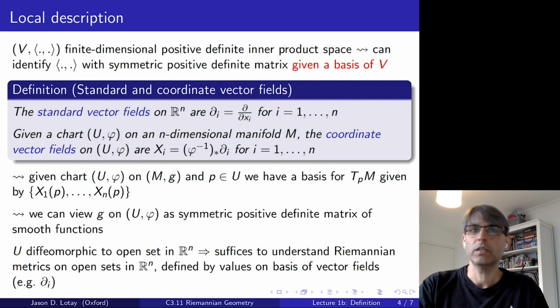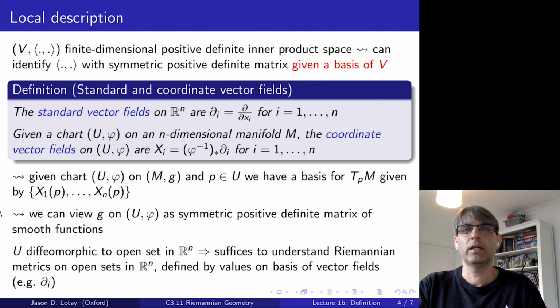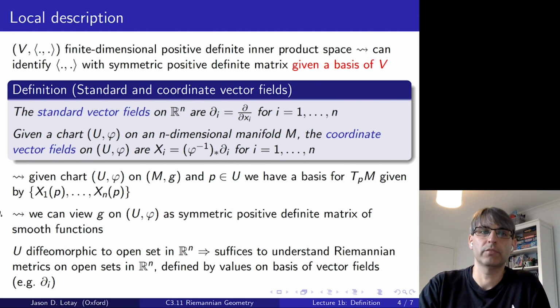Okay, so now I want to understand how we can think about Riemannian metrics locally. So recall that if I have a finite dimensional vector space V with a positive definite inner product on it, which I just denote by these angle brackets, then we can always think of this inner product as a symmetric positive definite matrix.